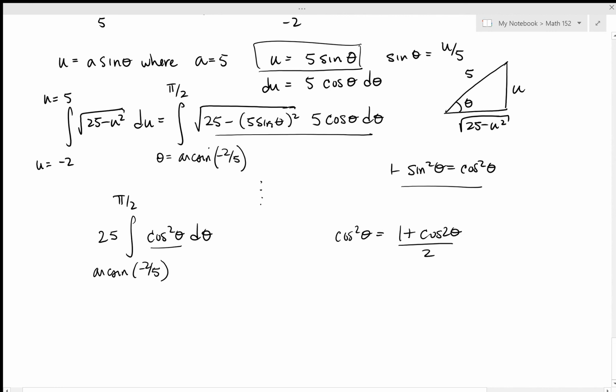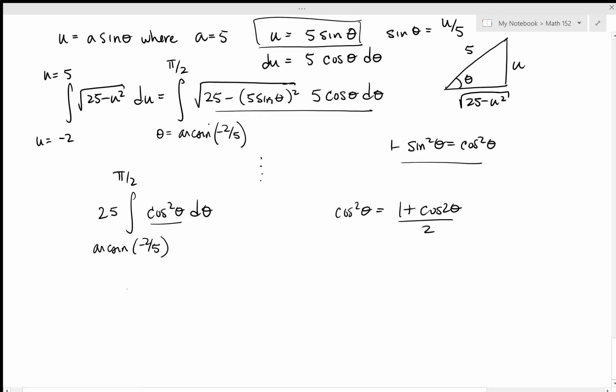Then you can integrate this and evaluate it. This integral will come out to be approximately 29.3615, and then our volume is 2h times this integral.